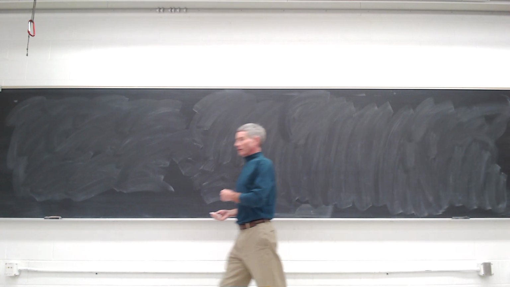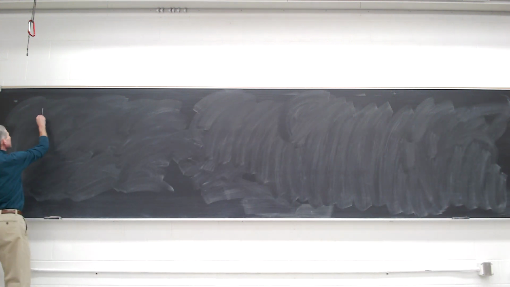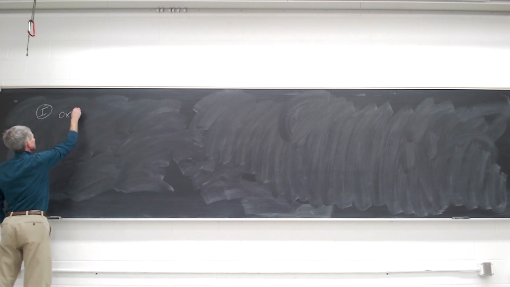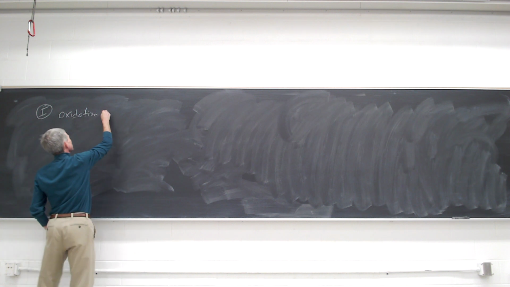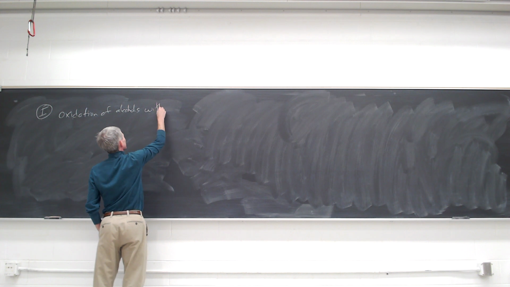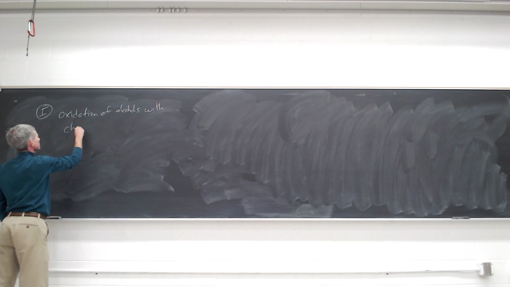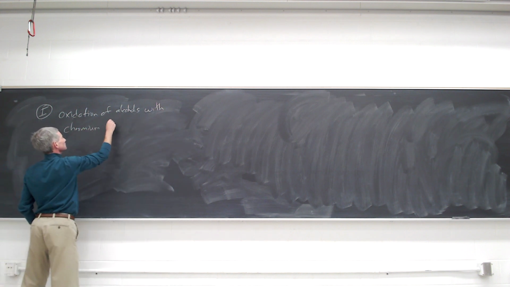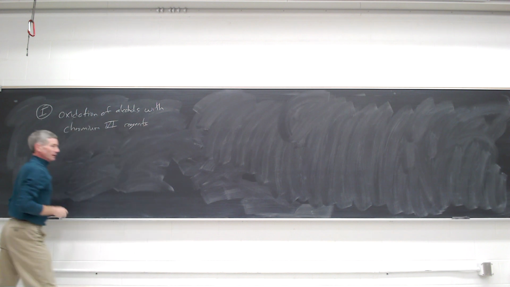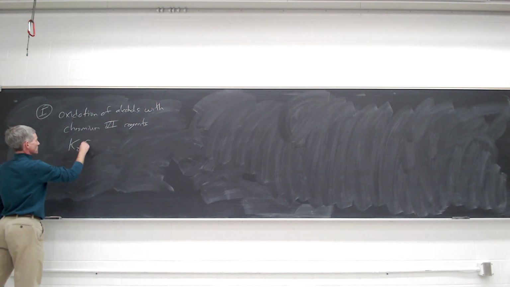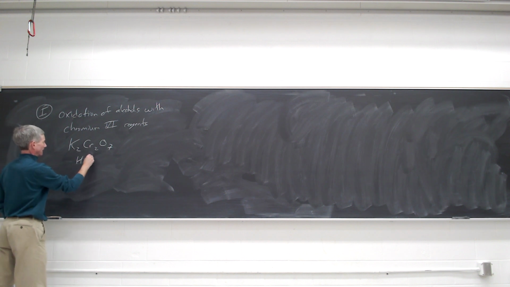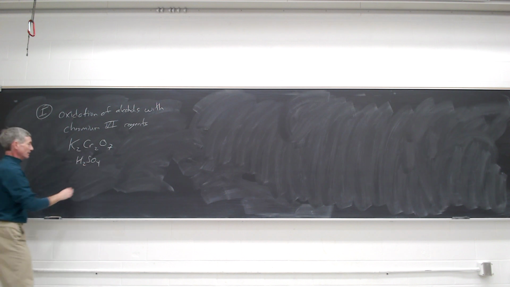So the first thing is to review oxidation of alcohols with chromium-6 reagents. And the reagents are potassium dichromate, generally done in aqueous sulfuric acid.